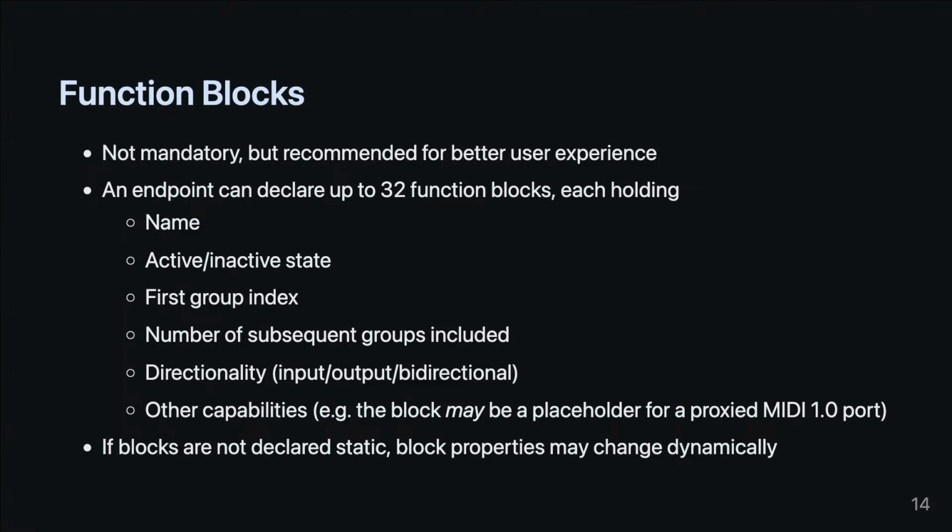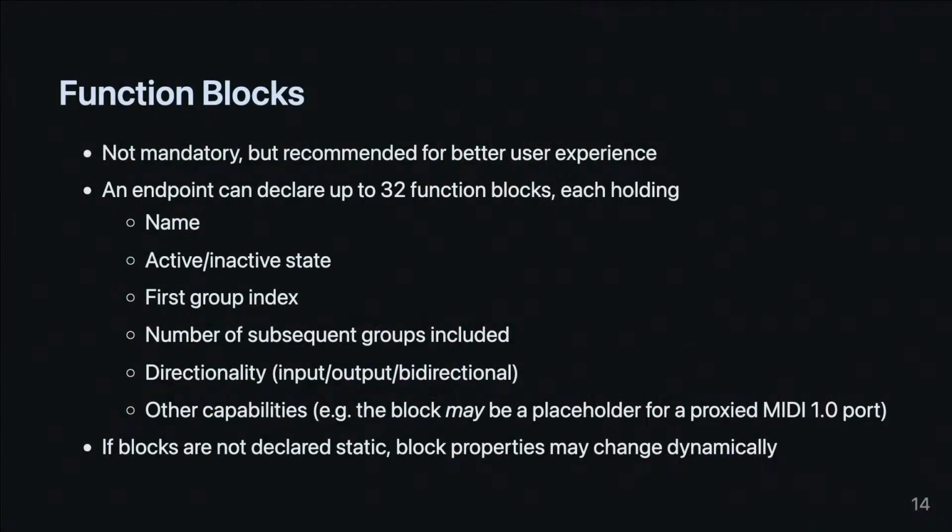Each block has a bunch of additional information that is available. And well, you can see it there. There's a total of 32 blocks for each device, and each block can hold one or more groups.